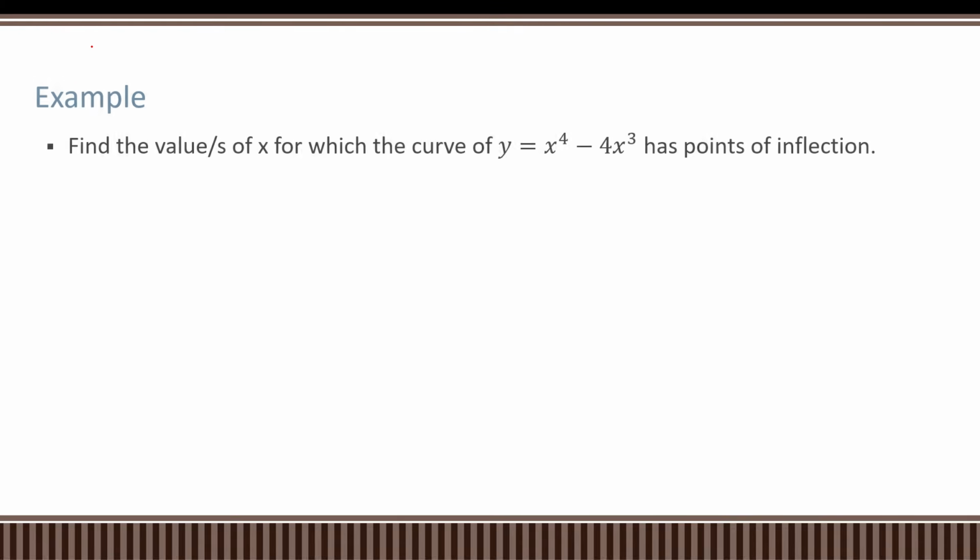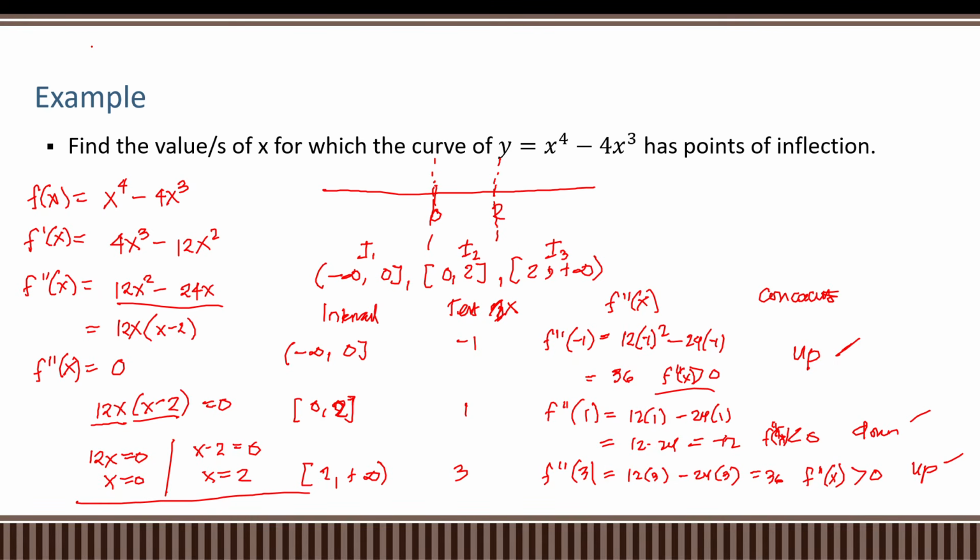At x equal to 0, f of 0 is equal to 0 raised to 4 minus 4 times 0 cubed.